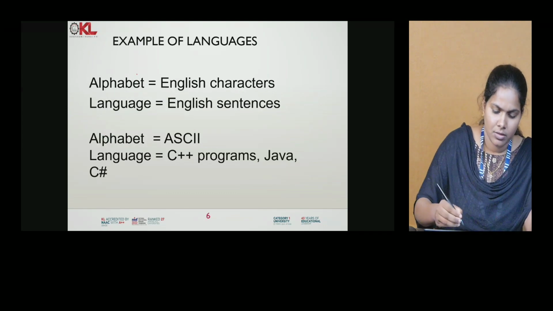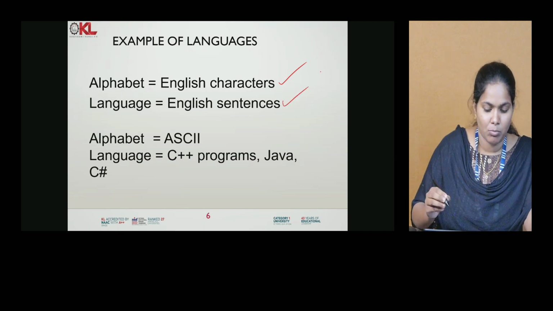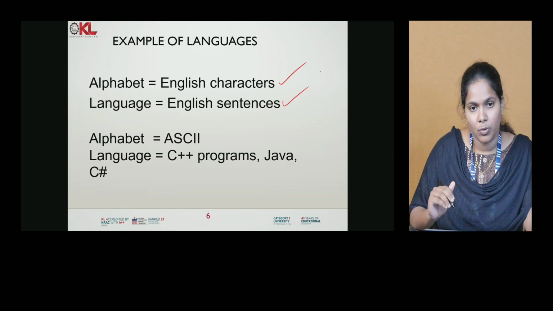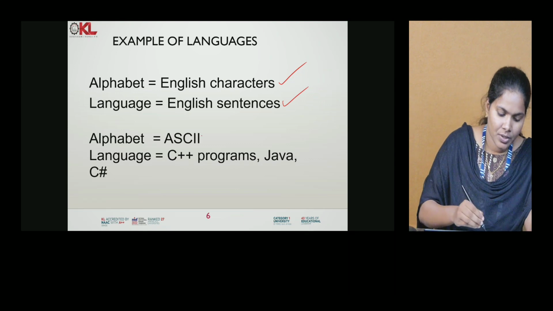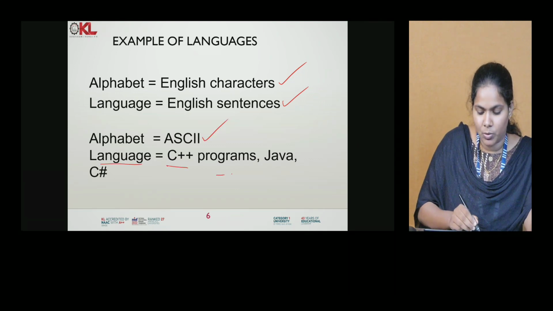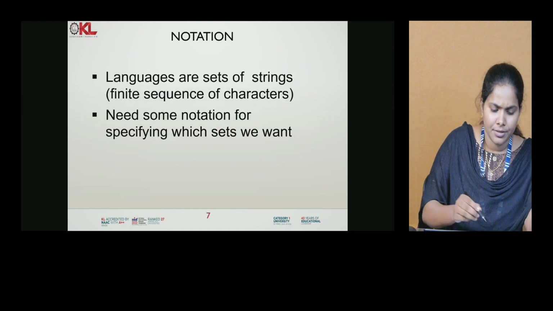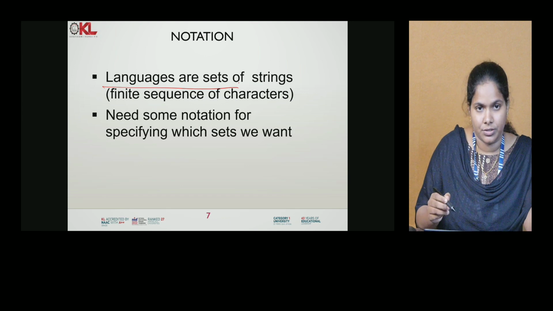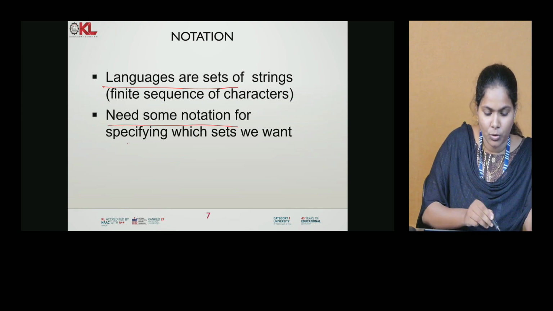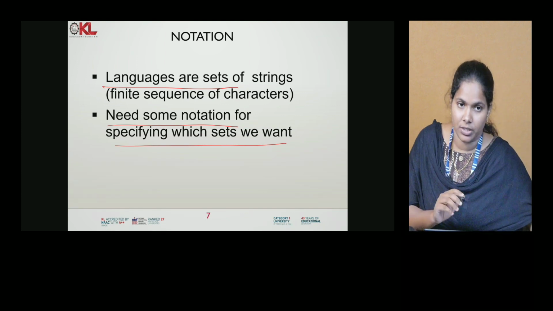You can say the alphabet is regular English characters and the language is English sentences. For the computer, the alphabets are ASCII characters and the language is C++ programs, Java programs, C# programs, right? The languages are sets of strings, and this needs some notation to specify which sets we want, right?